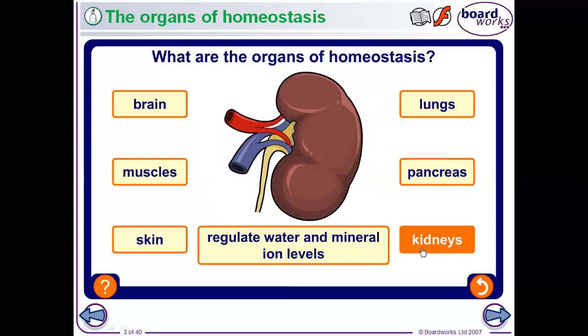But if the water level is less in your body, urine will become concentrated. Most of the water will be reabsorbed back by the kidney to your body, and thus the water level will be regulated in your body. Okay, now these are the organs of homeostasis.